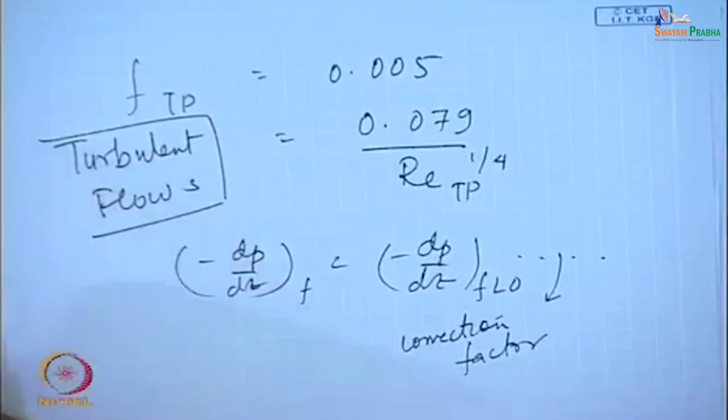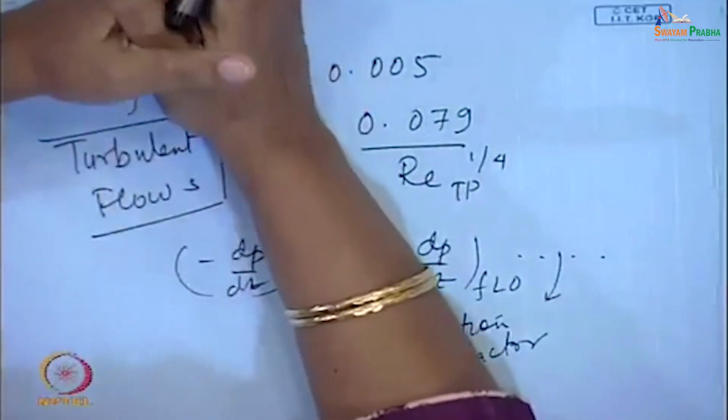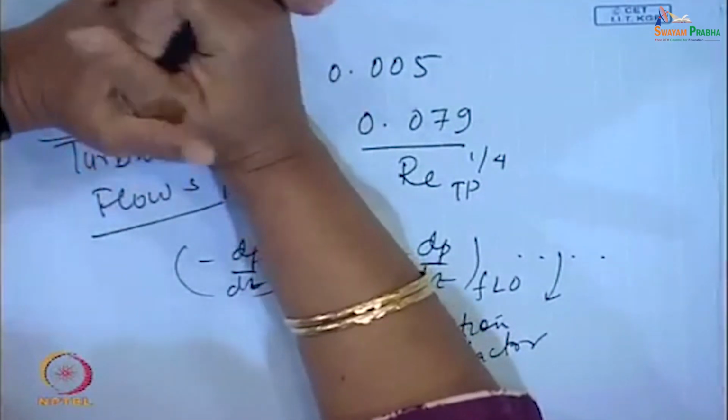Okay. So, what are the methods, in short, that we have adopted? First thing is, for low quality flows we can assume FTP equals the friction factor as if the whole mixture was flowing as liquid, number 1.